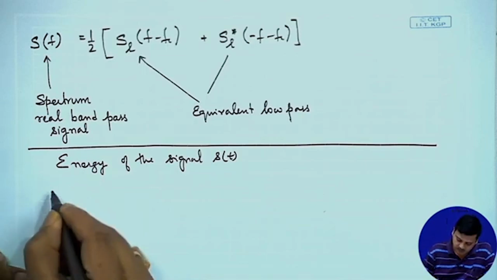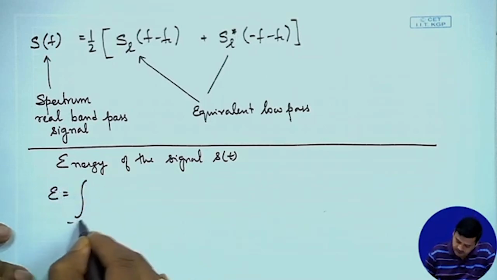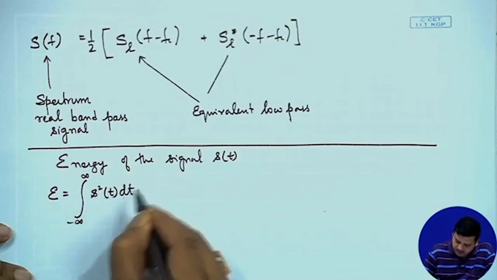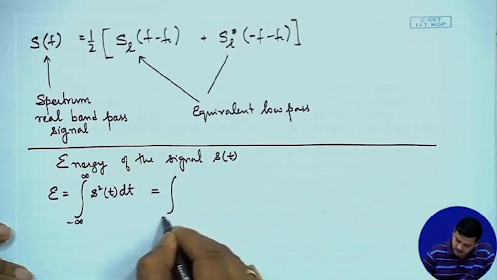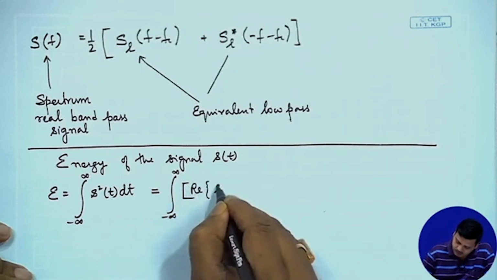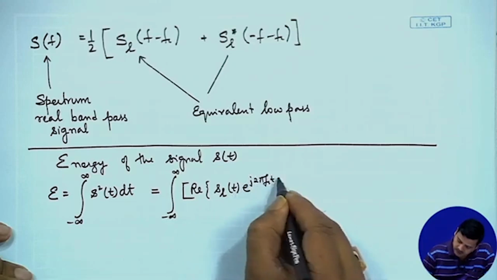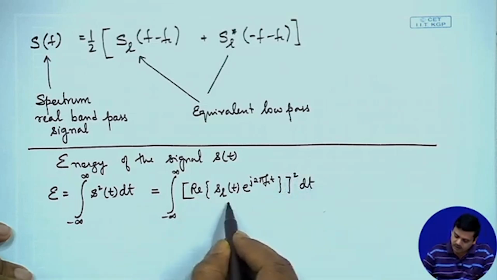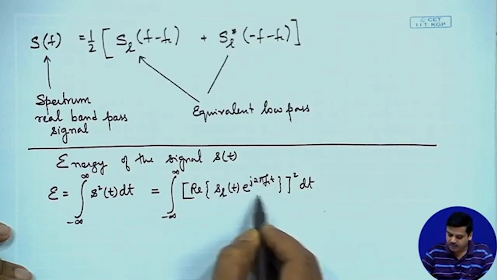So, we set forth in calculating the energy as E equals the integral from minus infinity to infinity of s squared of t dt, and that you could do in many ways. You could again go by writing the real part of s_L(t) e to the power of j 2 pi f_c t, squared, dt. Real part would be the cos component of this with the x and y, of course.